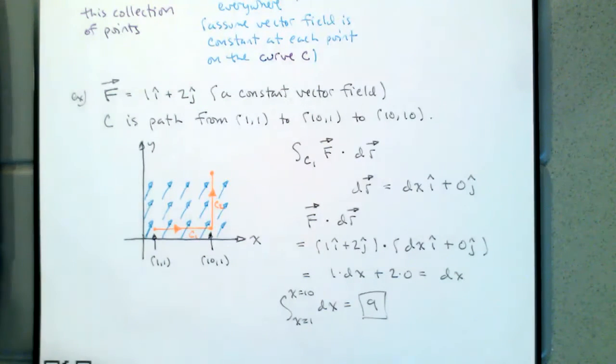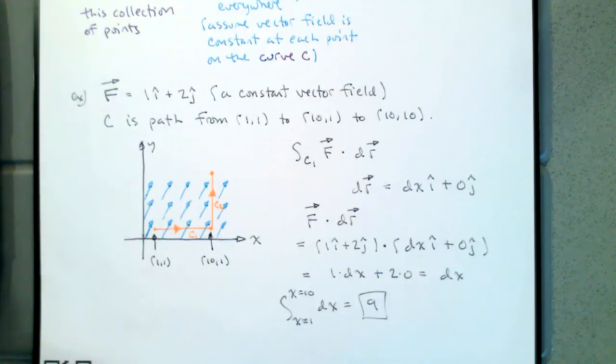So when the question comes up, what are we going to use line integrals for? That's the same as asking, what are we going to use dot products for? Just like back in integration, what are we going to use integrals for? What do we use multiplication for?